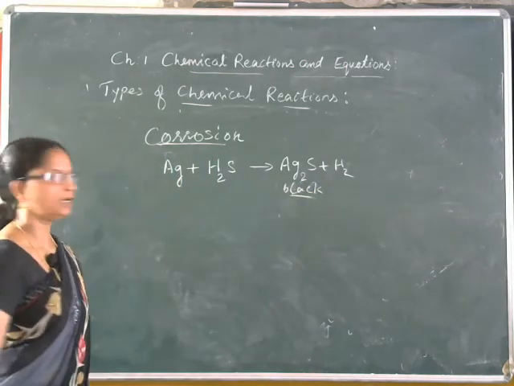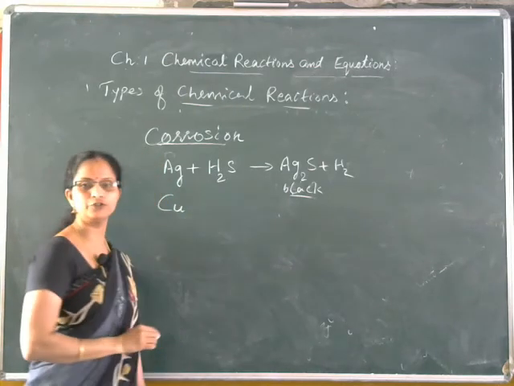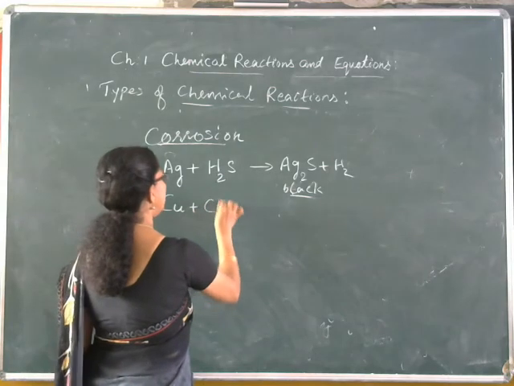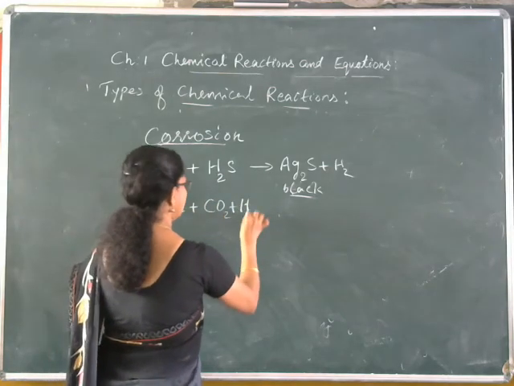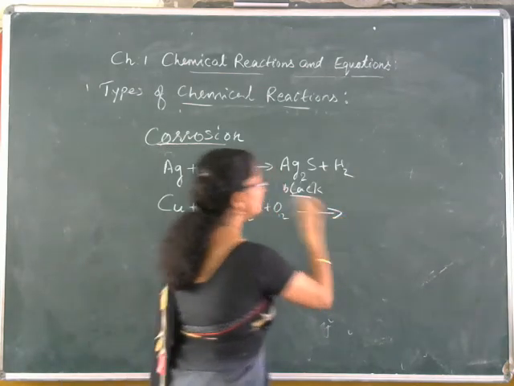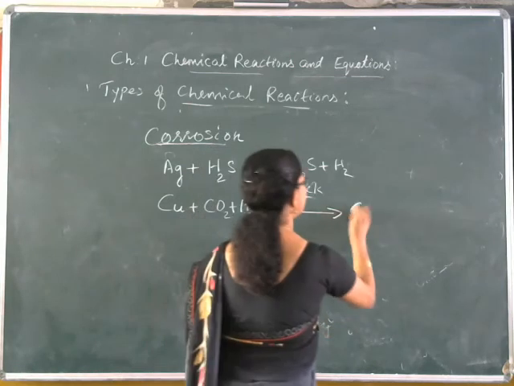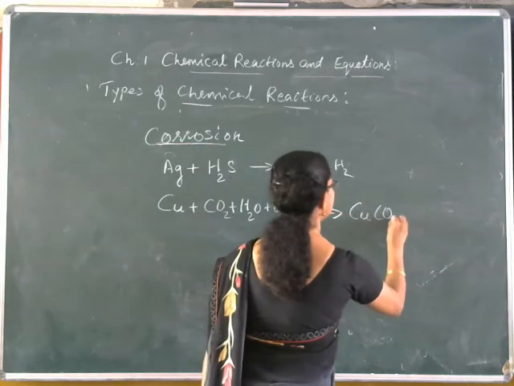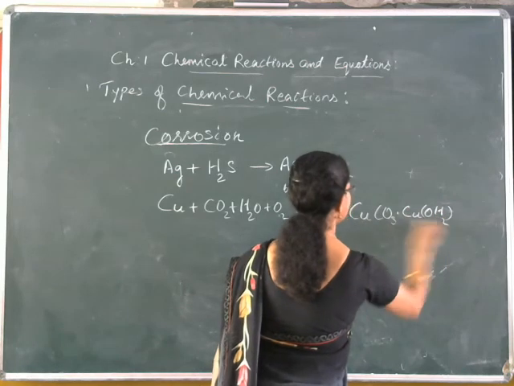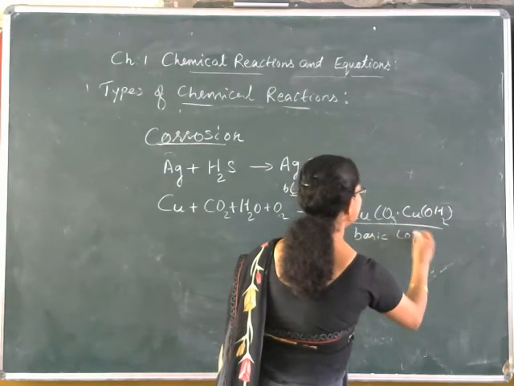And also copper vessels, when exposed in moist air for a long time, copper reacts with carbon dioxide, water vapor, oxygen, etc. And a green colored substance is produced on the surface of the copper vessels, that is CuCO3.Cu(OH)2, known as basic copper carbonate.